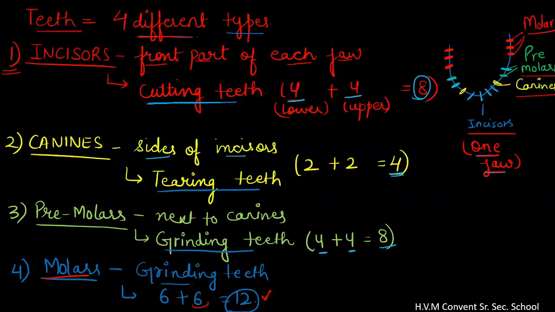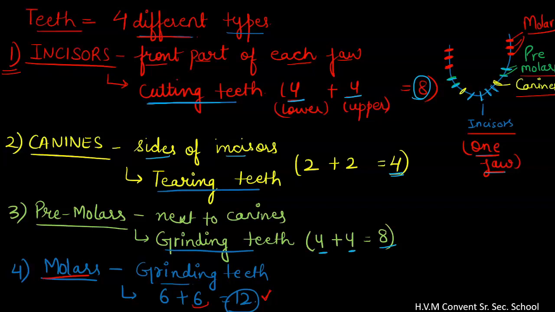So this is the representation of the different types of teeth. In the middle we have incisors, which are 4 in one jaw. Followed by incisors we have 2 canines in one jaw. Followed by canines we have 4 premolars, and followed by premolars we have 6 molars in one jaw.